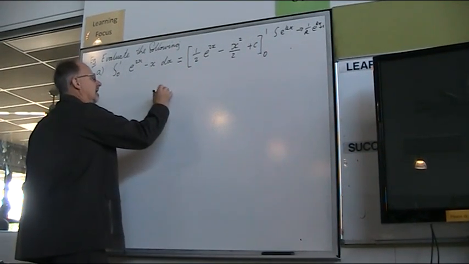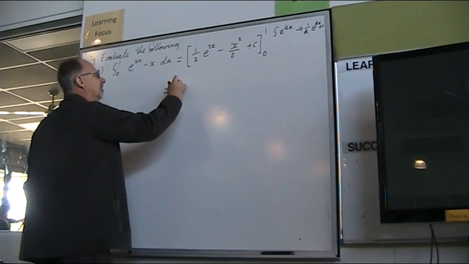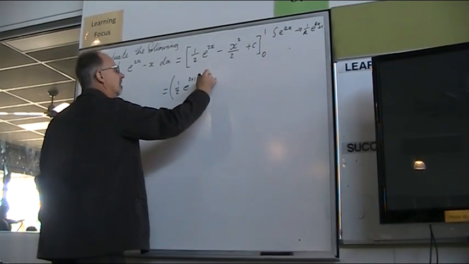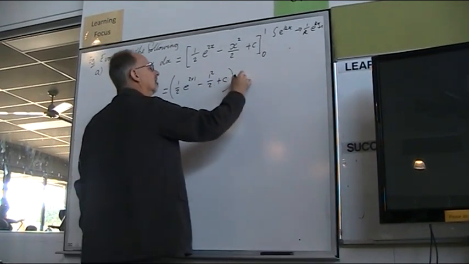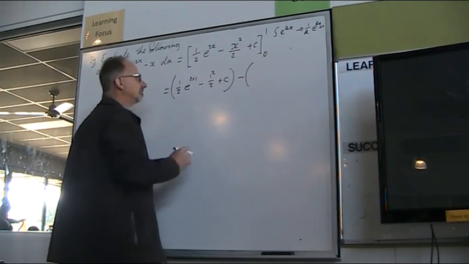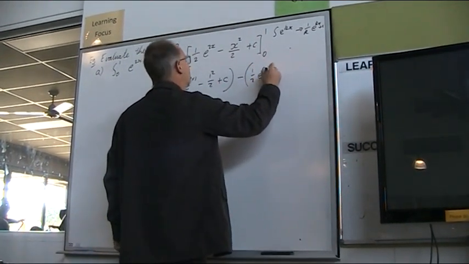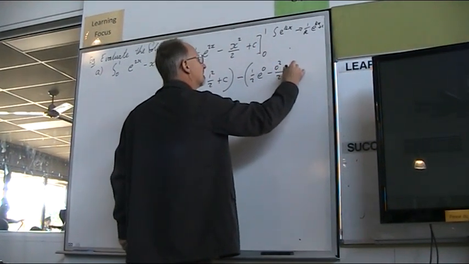So the way I do it is like this. We've got a half e to the 2 times 1, minus 1 squared over 2, plus constant, minus half e to the 0, minus 0 squared over 2, plus the constant.